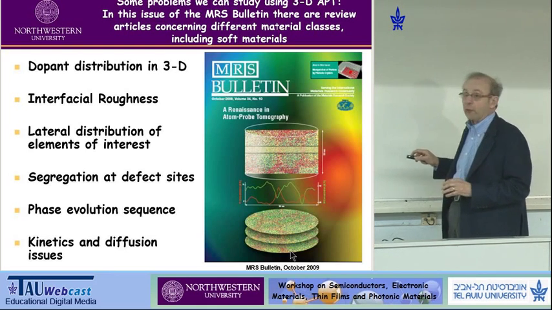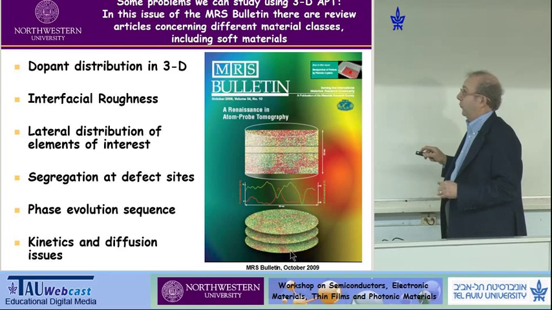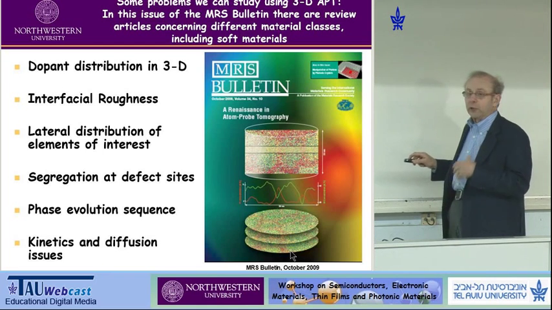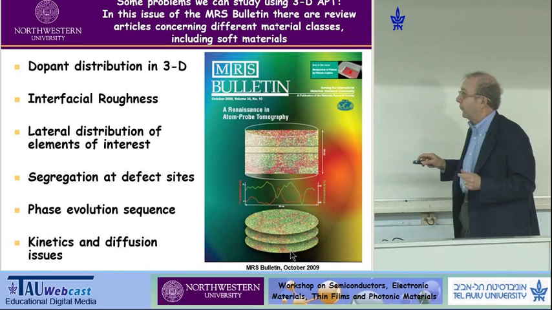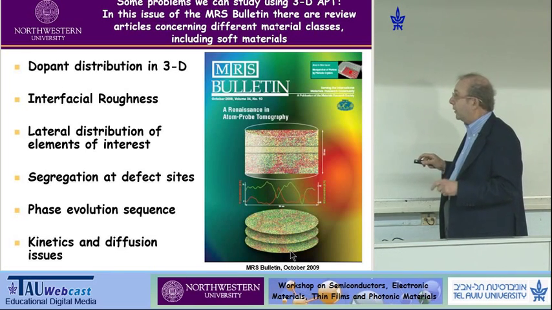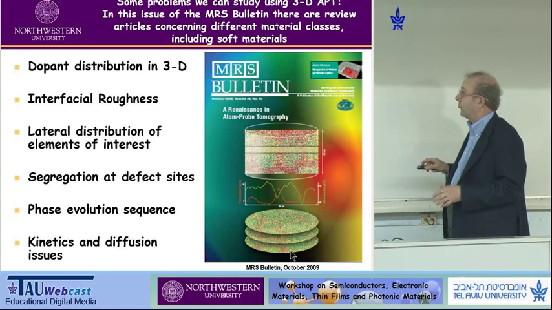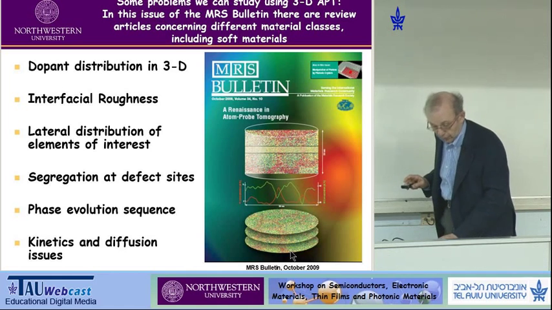You can look at segregation at defect sites, for example, interfaces. You can look at evolutions of phases. You can see first-order phase transformations, which we've studied a lot, and these revolve around kinetics and diffusion issues. All these things you can do with the instrument on a certain length scale.